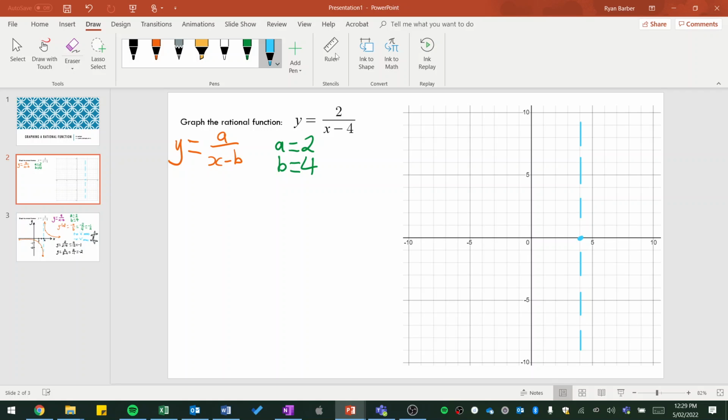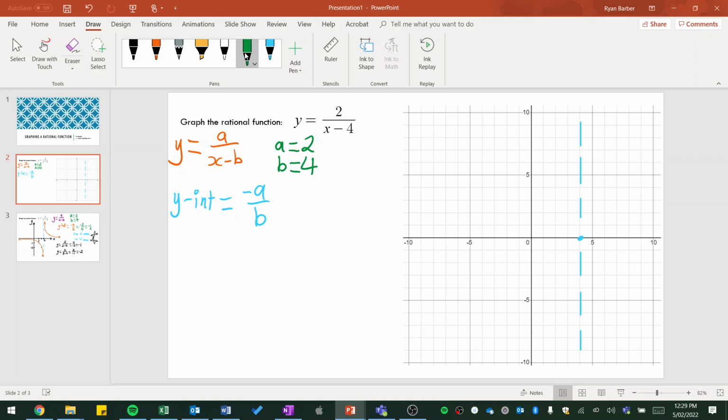Second thing we're going to plot on this graph is our y-intercept. Now the y-intercept is equal to negative a divided by b. You can see this if you set x to 0 in the rational function equation, which would be a divided by negative b, which we know is the same as negative a on b.